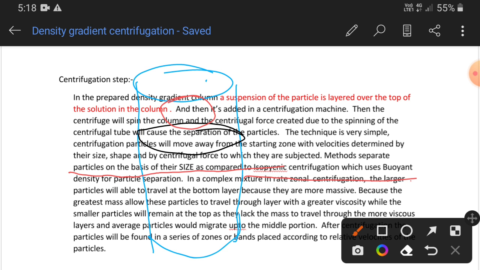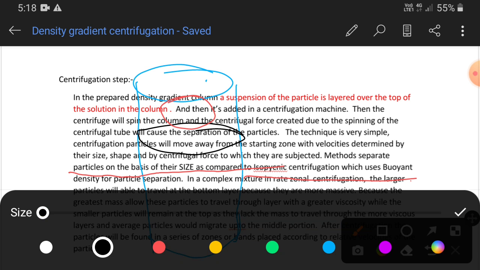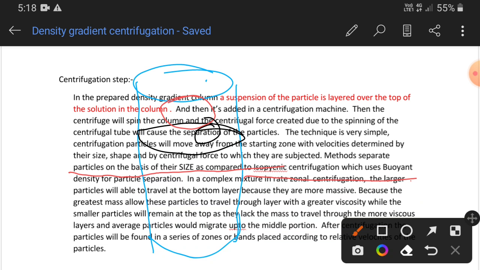Now in a complex mixture, suppose there is a red particle, and another, a black particle, which is smaller. The larger particle will move to the bottom of the tube, because larger particles have the greatest sedimentation rate, which allows them to move through the greater density gradient to the bottom. But the smaller black ball has less mass, which does not allow it to migrate much toward the bottom, so it will remain at the top.